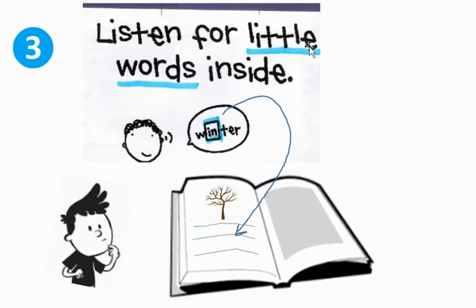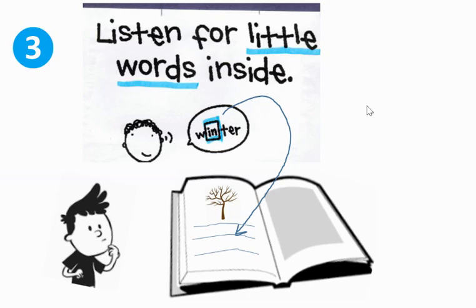The third way that helps us spell words in English: if you're writing a story about winter and how a lot of trees lose their leaves in winter, but you can't remember how to spell winter. Let's listen. 2 syllables. Winter.